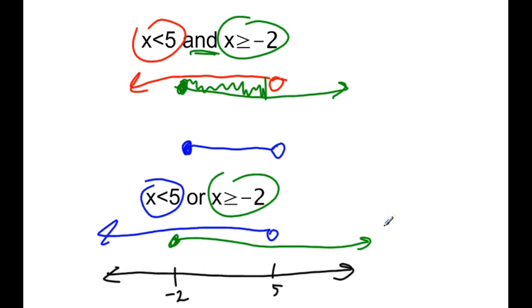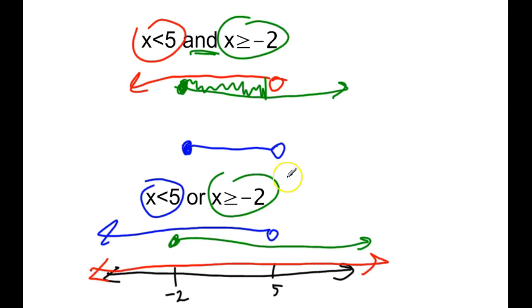So now when it says or, I'm not looking for both of them. I'm looking for either one, this or this, the blue or the green. So what number is not covered by either the blue or the green graph? Well, it looks like every number on the number line is covered in one direction or another. So the actual answer on this one is kind of sneaky. It's going to look like this. It's going to be the whole number line.